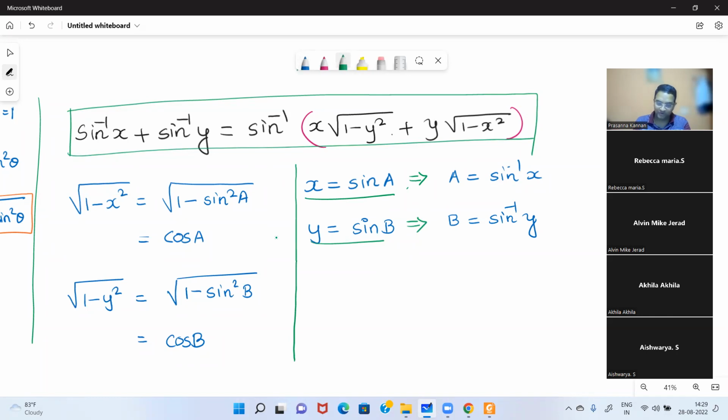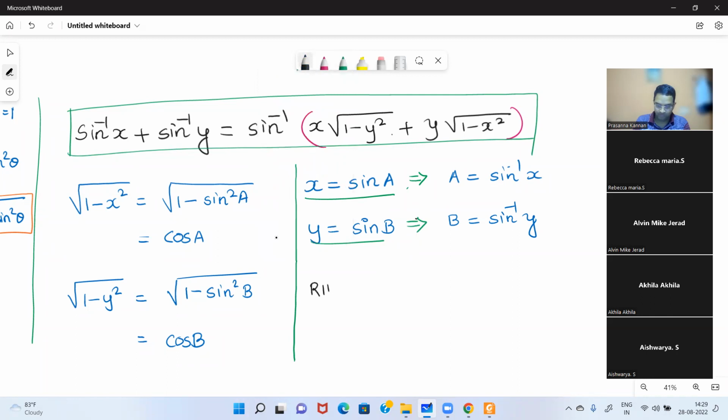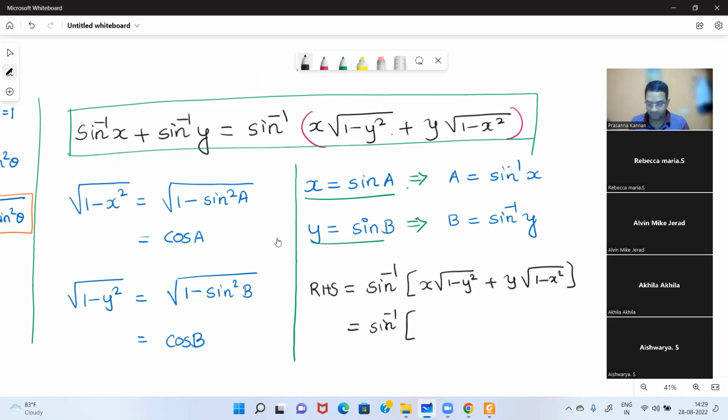Okay. Now let us go into the right hand side, RHS. So what is our RHS? Sine inverse of x root 1 minus y square plus y root 1 minus x square. So this is nothing but sine inverse of, what is x?